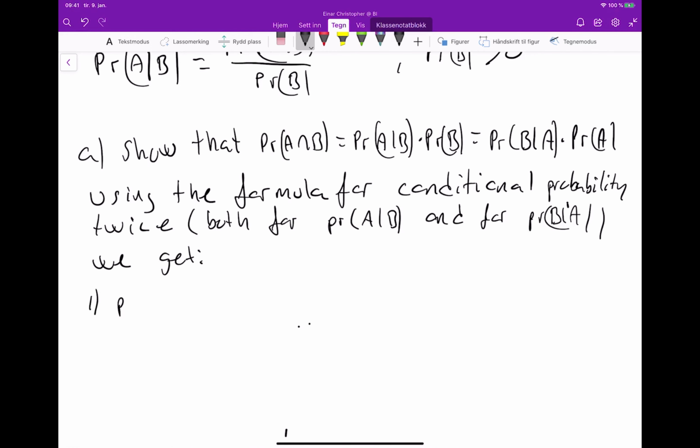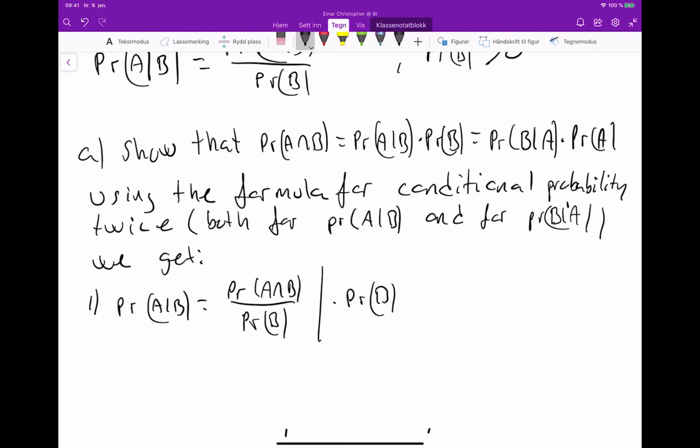First time, the probability of A given B is, as you see above, the probability of A and B divided by the probability of B. And of course we now can multiply both sides by the probability of B. So doing that, we get that the probability of A given B times the probability of B is equal to the probability of A and B.